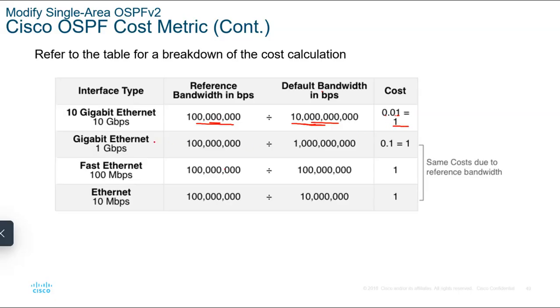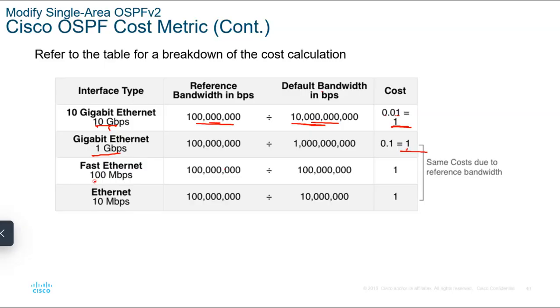So even when you look at this one here, the confusing concept is that this is 10 GB and this is 1 GB, but when it comes to the cost, it's the same. We have 1 and then 1, because they are in decimal points, so they have to be rounded off.